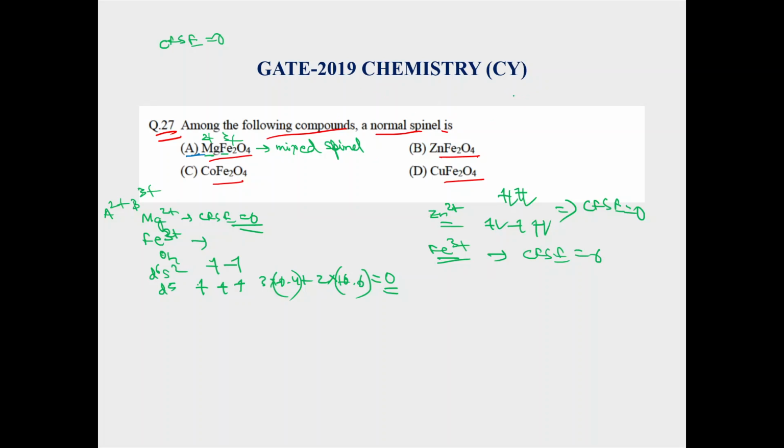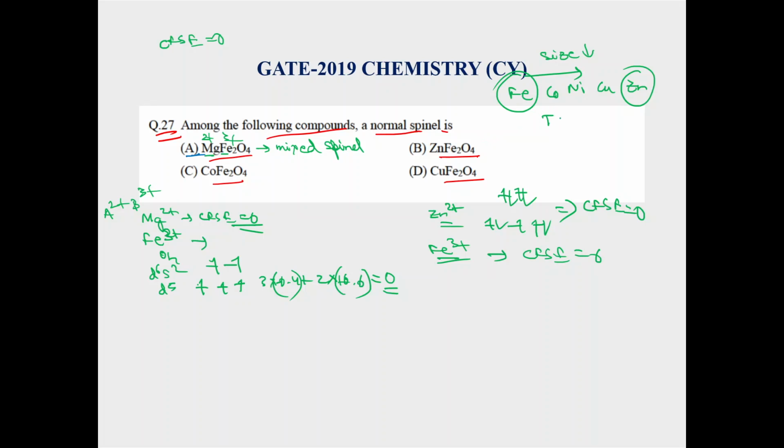But here, if we see the periodic table, after iron, cobalt comes, then nickel, then copper, and then zinc. Now we all know that if we go left to right across the period, the size decreases, right? So Zn is smaller than Fe2 plus.